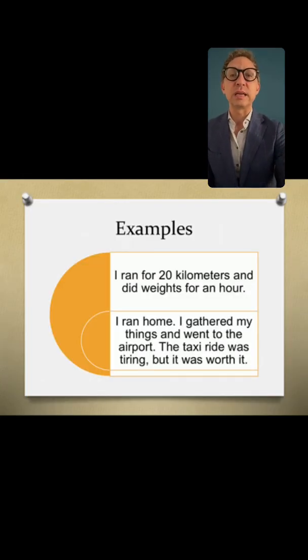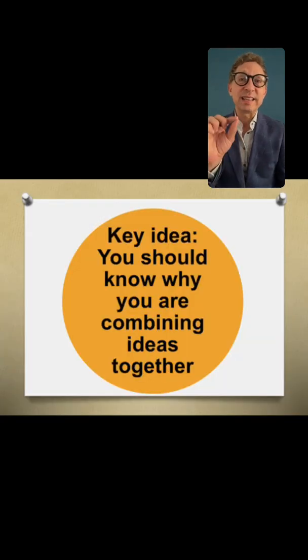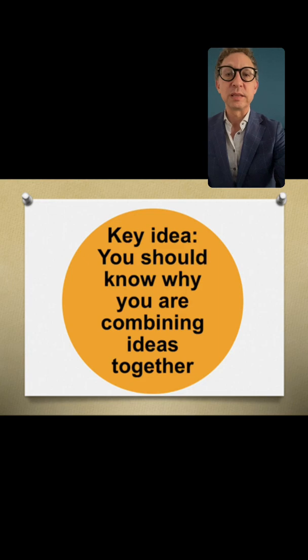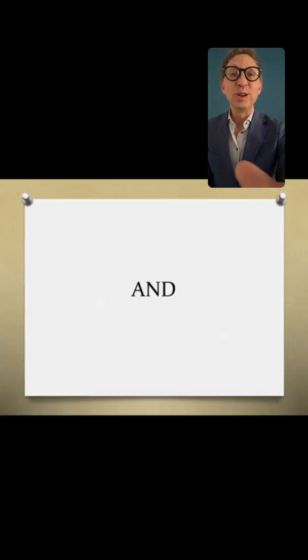All right, so let's take a look now that we've covered that. Let's give a few examples. The key idea that I want you to remember is that you should know why you are combining ideas. Why are you combining these or using these ideas together? This is important to know, the reason why. Let's first look at and.